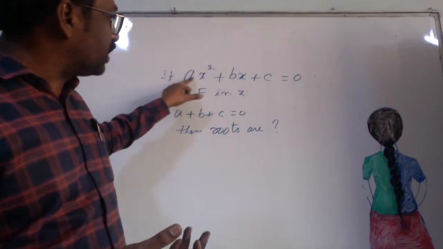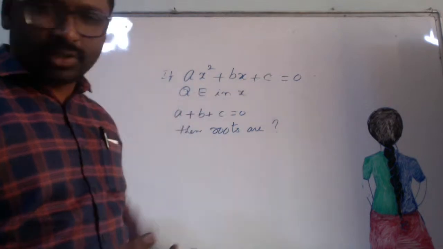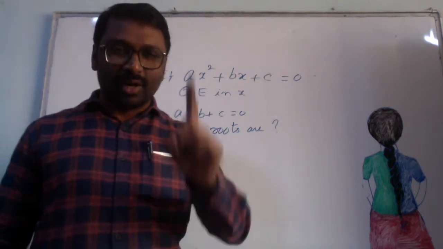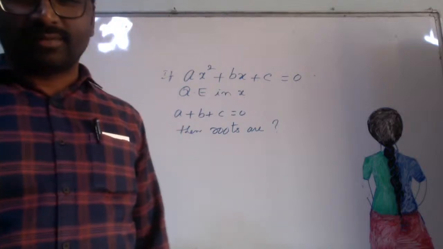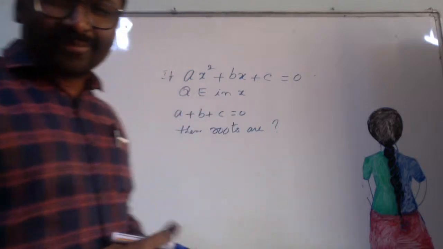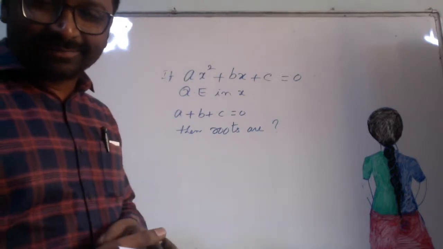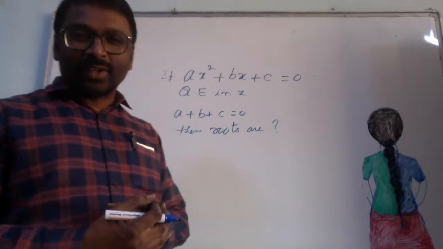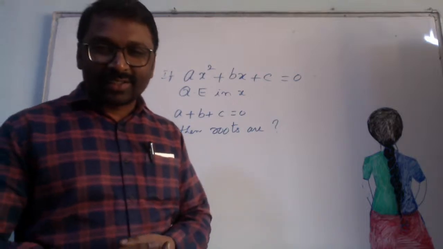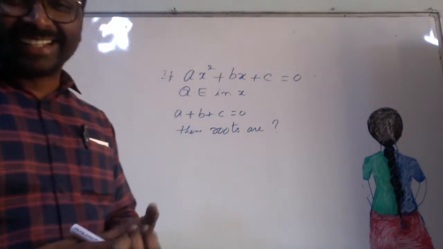Then 1 square is 1, a times 1, a plus b plus c equal to 0. So clearly 1 is one root of the equation. Well done. Then can you try the second root? Now you got one root.